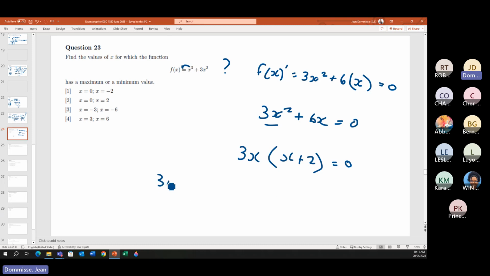So you can do it this way: 3x must be equal to 0, but also x plus 2 must be equal to 0. So x is equal to 0 is one option, and for the other, x is equal to minus 2. Okay, so there we have option 1.